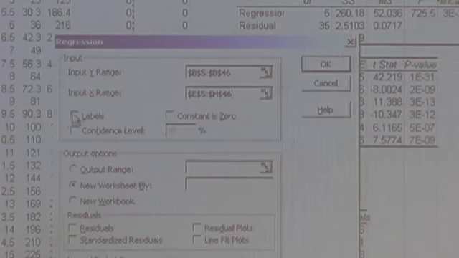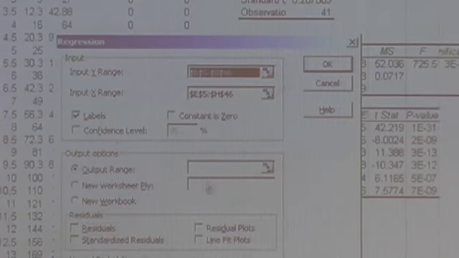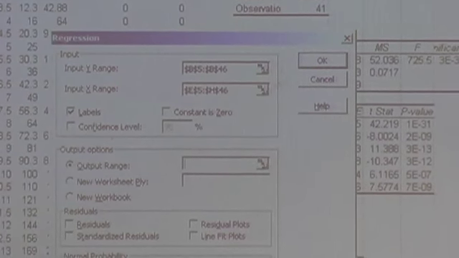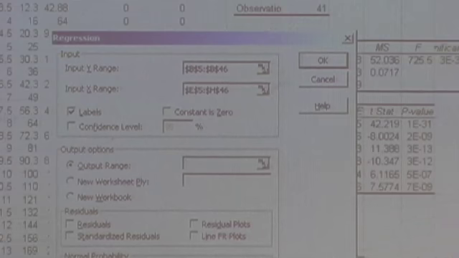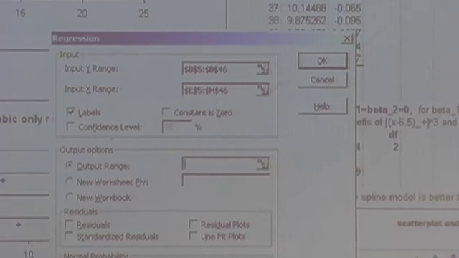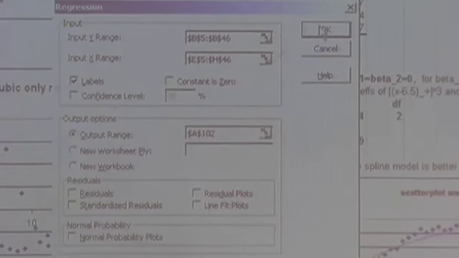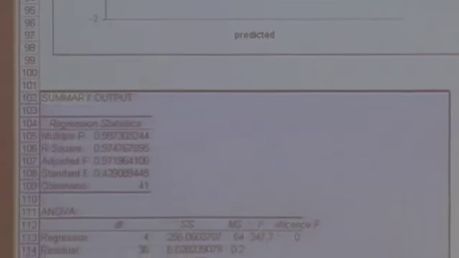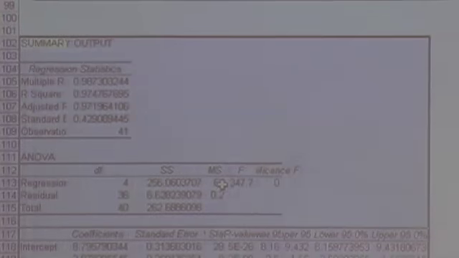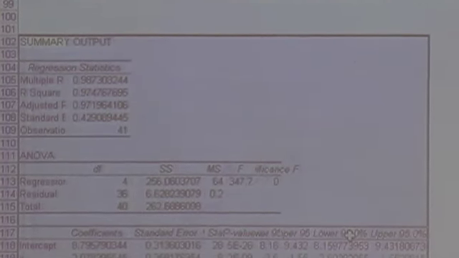Okay, labels, residuals we don't really need, I'm just going to skip that. Okay, output range. Let's put it somewhere where it's not going to cover everything else. Okay, down here. That gives us now SS res is 256.06.